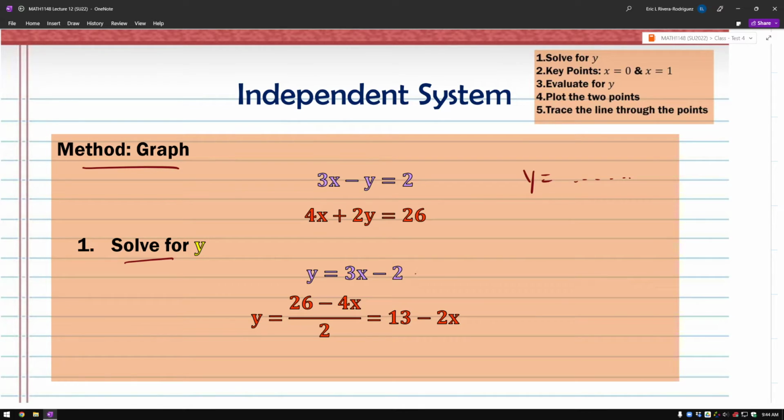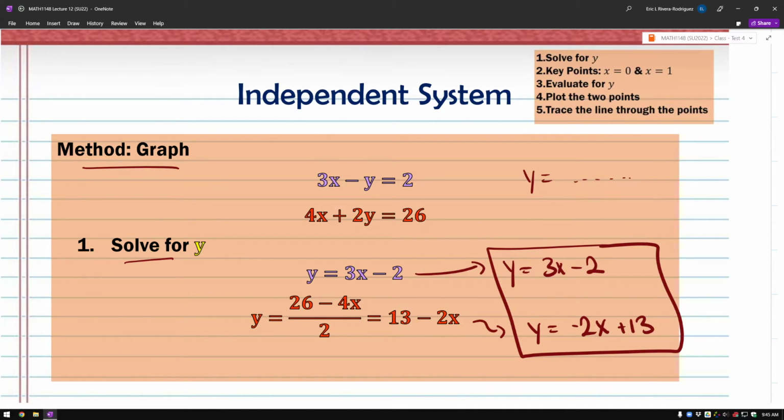Here we have the two equations: y equals 3x minus 2, and the other one is y equals negative 2x plus 13. Okay? So we use x equals 0 and x equals 1 to get 2 points for each of the two equations.